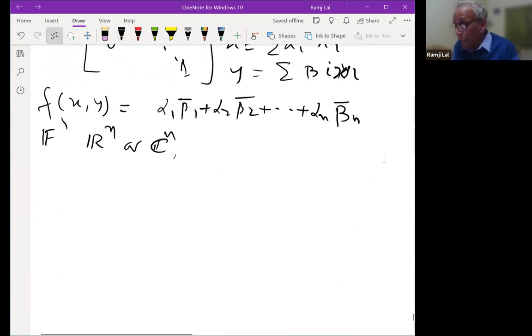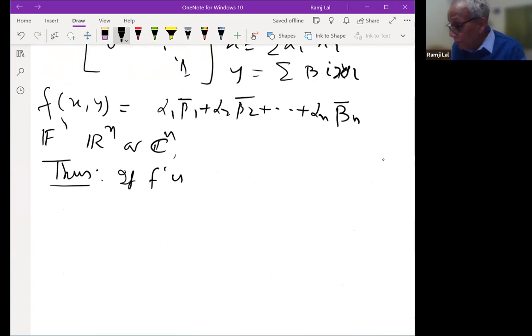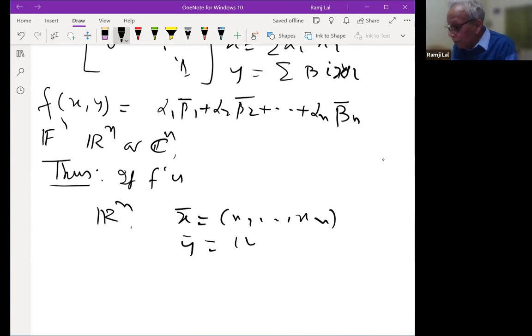So let me say here, thus a non-degenerate positive definite symmetric bilinear form is unique up to equivalence, and that is given over here. If you take R to the power n, any vector x bar is x1, x2, ..., xn, and y bar is y1, y2, ..., yn.